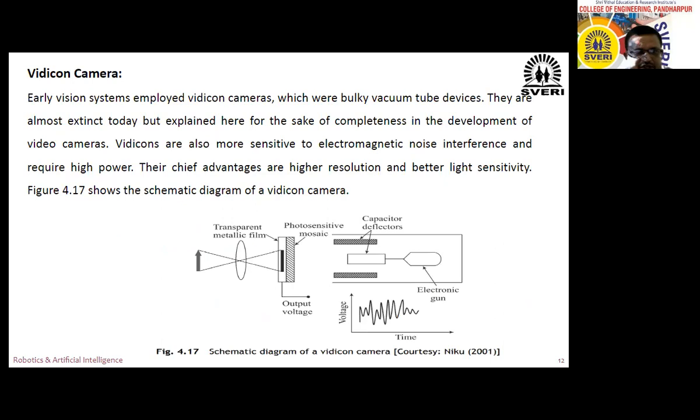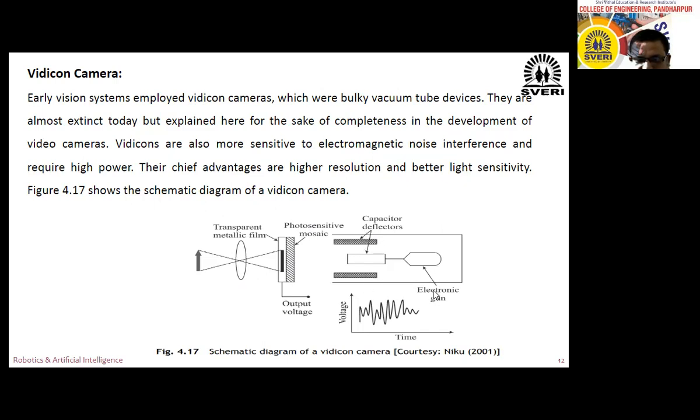Then Vidicon camera. Now this is the schematic diagram of a Vidicon camera. Now it consists of this transparent metallic film. This is the lens. This is photosensitive mosaic. These are the capacitor detectors.